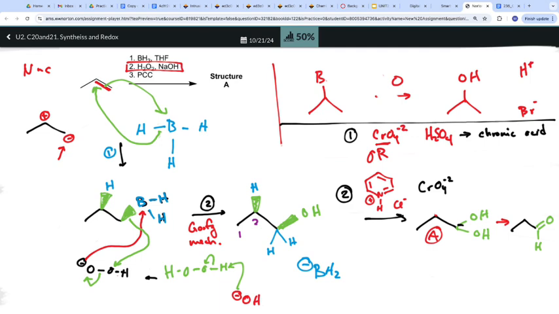PCC, technically, this is the proper structure, but really what we do is we take the chromate, just like we did with the other one, we take technically potassium dichromate, we add it to a solvent. That solvent happens to be pyridine. Guess what pyridine looks like? Looks like that.